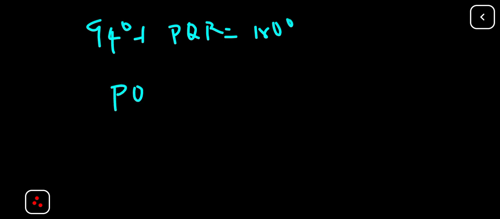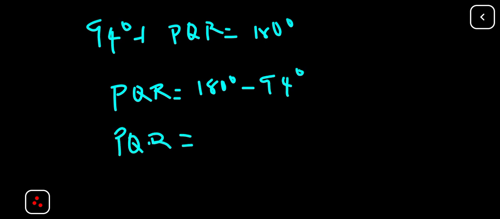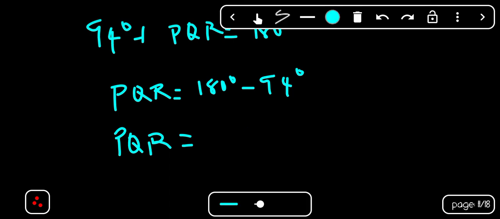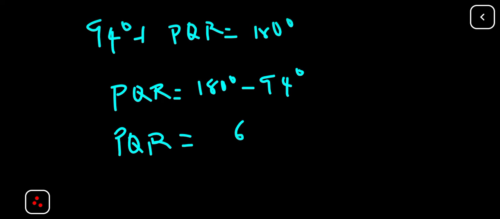And we have PQR now is equal to 180 degrees minus 94 degrees. Okay, so that means PQR is going to give you what? I'm not using a calculator. 180 minus 94 is 86. So this is 86. That is the answer for PQR.